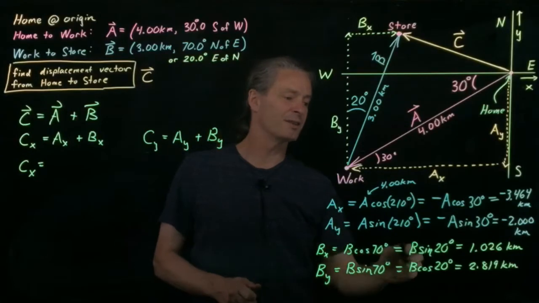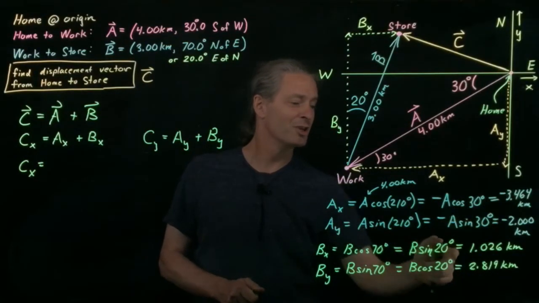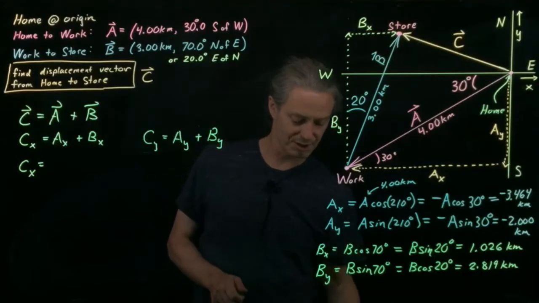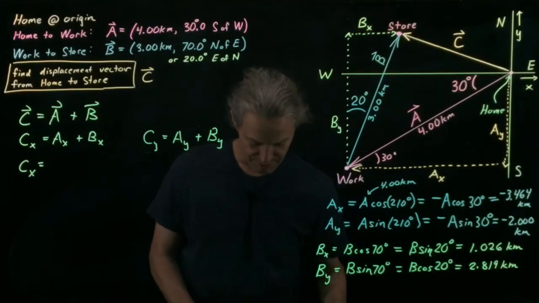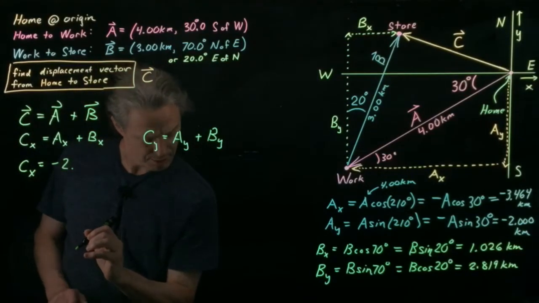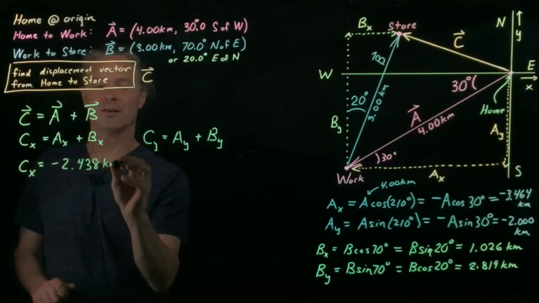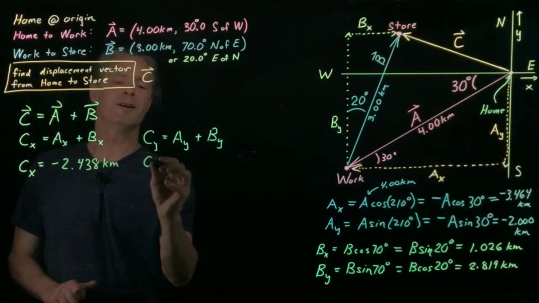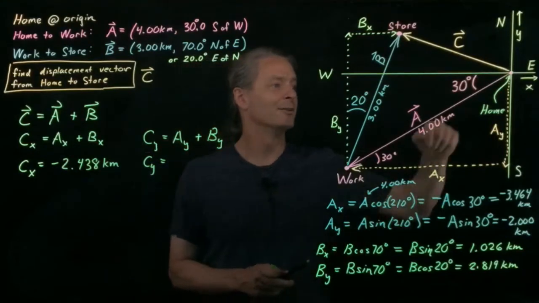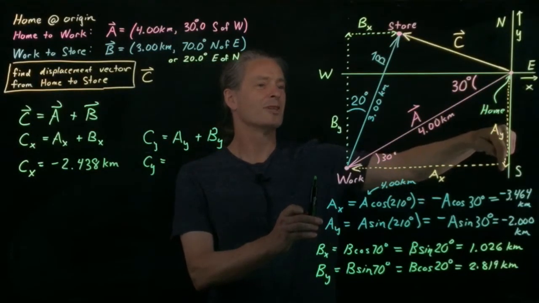If we add this up, a sub x, minus 3.464 kilometers, plus 1.026 kilometers gives us minus 2.438 kilometers.